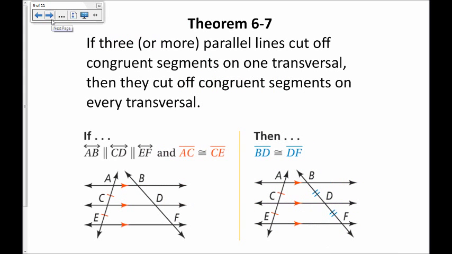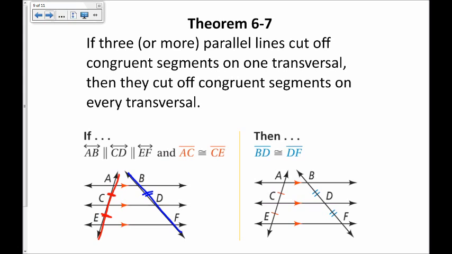Okay, here is another theorem that you need to be aware of. It's related to parallelograms. If 3 or more parallel lines cut off congruent segments on one transversal, then they cut off congruent segments on every transversal. So in other words, this is a transversal. Okay, if these lines A, B, C, D, and E, F cut off so that this segment's congruent to this segment, then every other segment that intersects those lines would also be congruent.